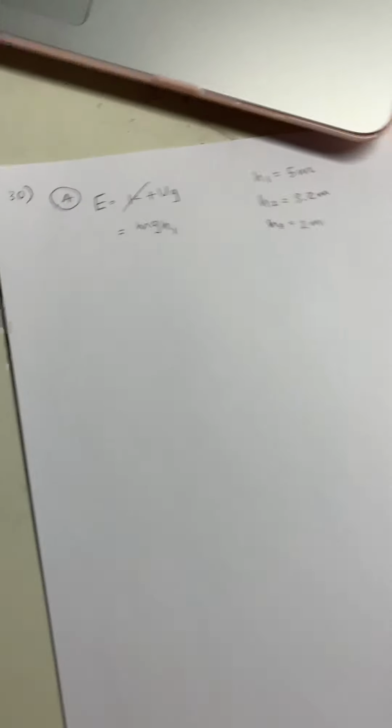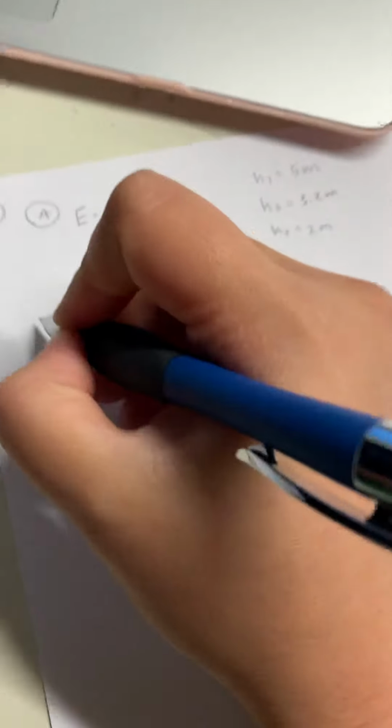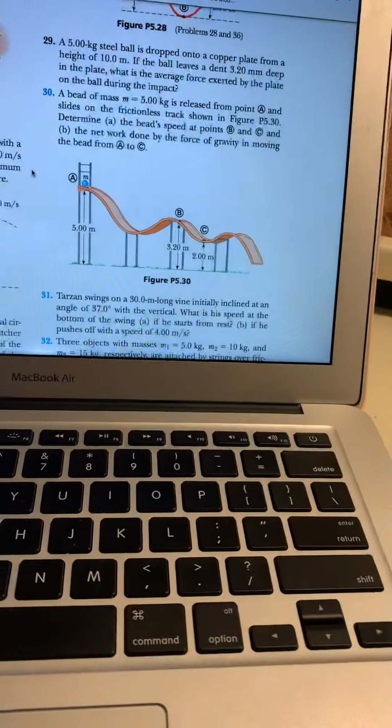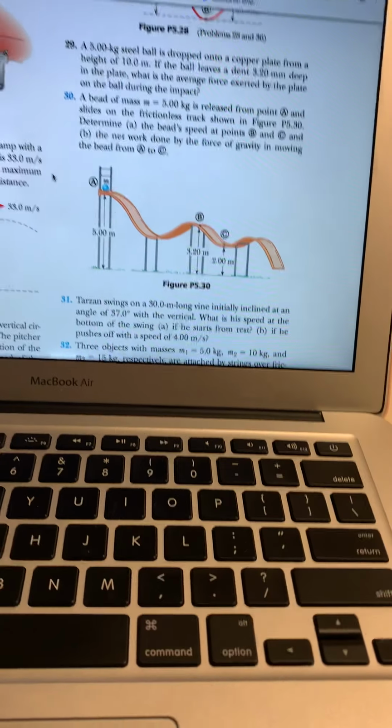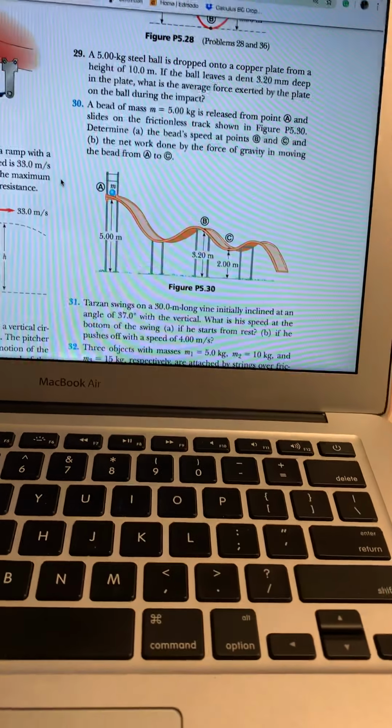So, now moving on to the actual question. You want to find the bead's speed at points B and C. Let's start with B. Again, like I said, mechanical energy is conserved because there's no non-conservative force.